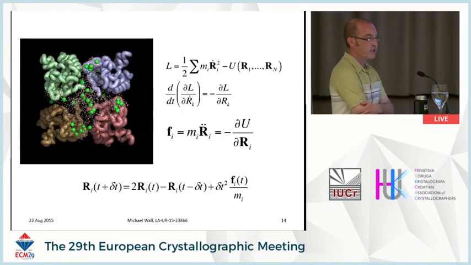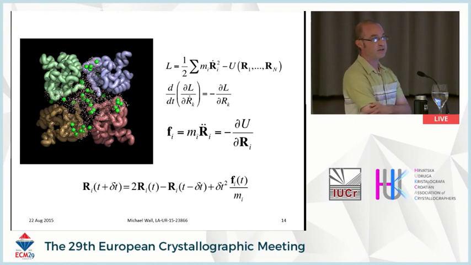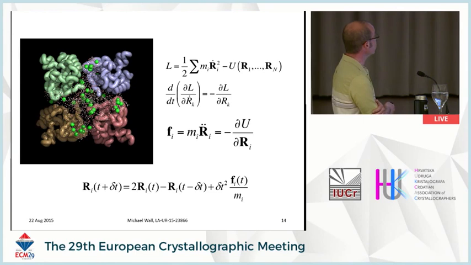More recently, we've become interested in the potential of molecular dynamics simulations to describe variations in the protein crystal and testing those models with diffuse scattering. Just to review, in molecular dynamics we set up a Lagrangian with the kinetic energy minus the potential, and then develop a set of dynamical equations based on F equals ma, and numerically solve these equations forward in time.